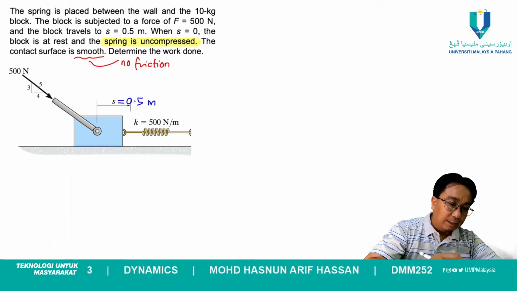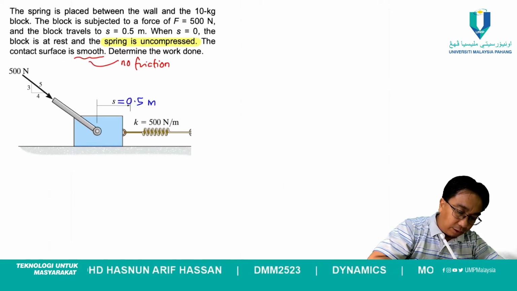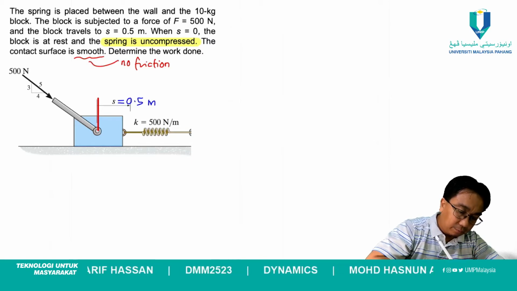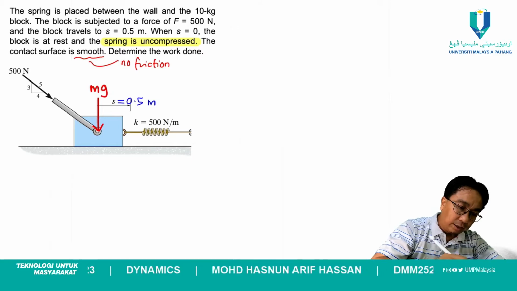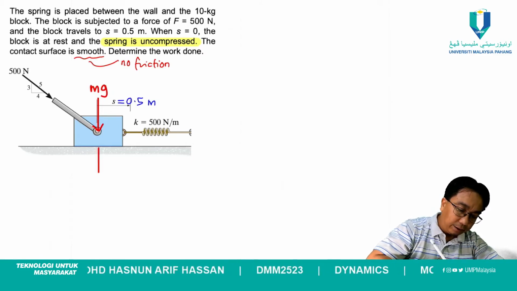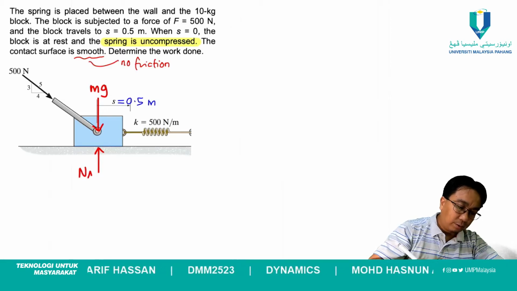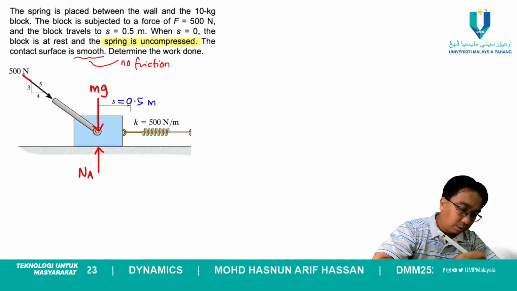Okay, let's draw the free body diagram first. Right, so definitely we're going to have weight. Okay, this is mg. And then we have the NA. And then we have this 500 Newton force.